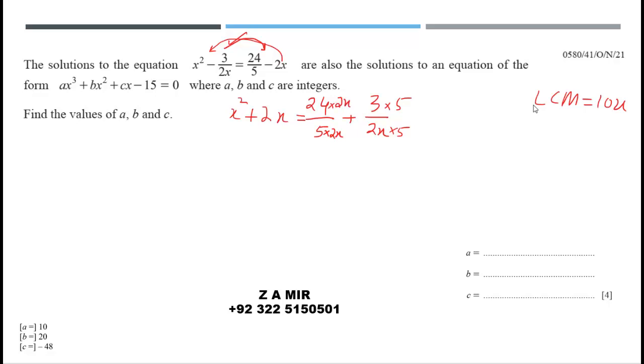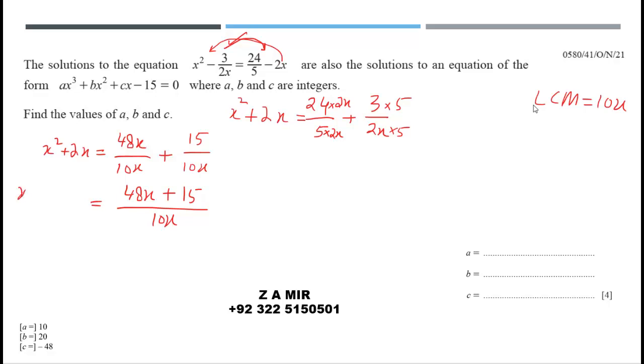So it is x square plus 2x equal to 48x over 10x plus 15 over 10x. So 10x is the same denominator. It is 48x plus 15 equal to x square plus 2x. Let me put 1 under this. So a single fraction on both sides, cross multiply with this whole.